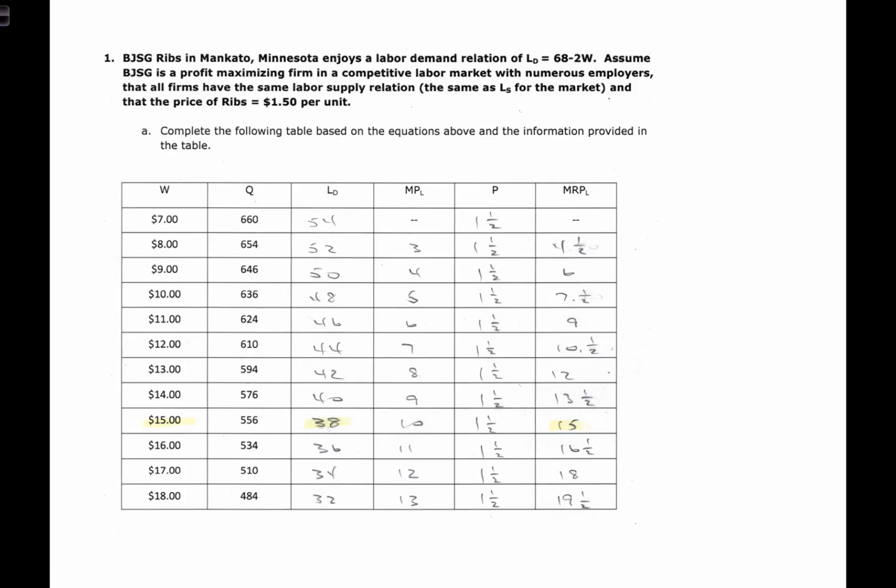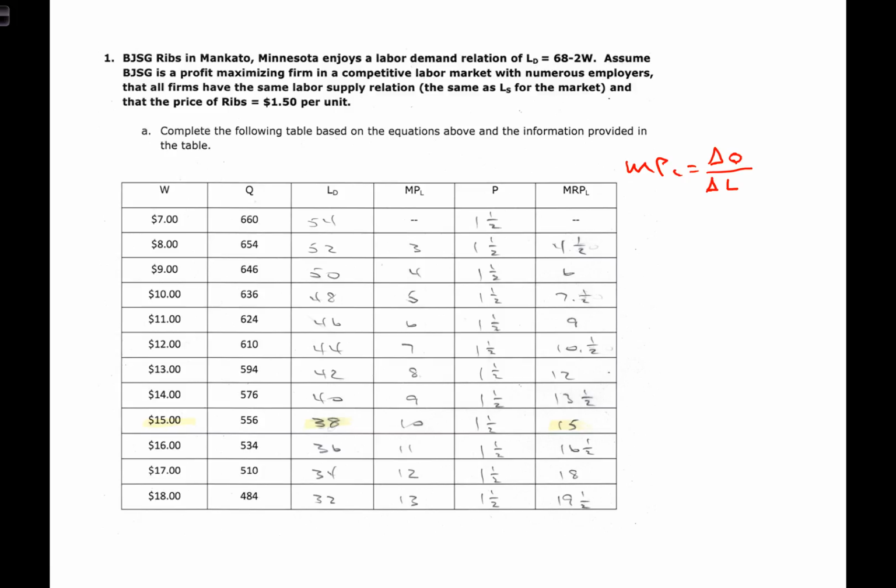To get to the marginal product of labor, we'll recall that the marginal product of labor is a change in quantity divided by a change in labor. Okay, so we've got a change in quantity of 6. We go from the first row to the second, change in quantity of 6 divided by a change in quantity of labor of 2. So we have marginal product of labor of 3.